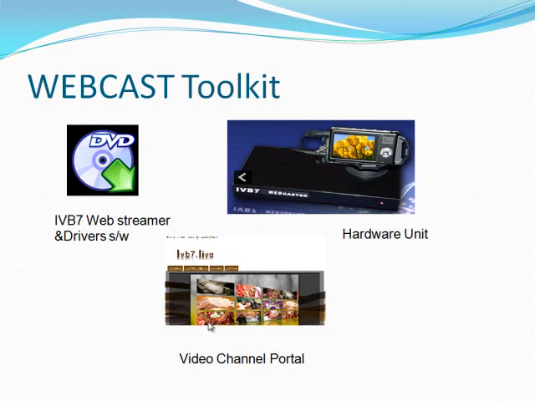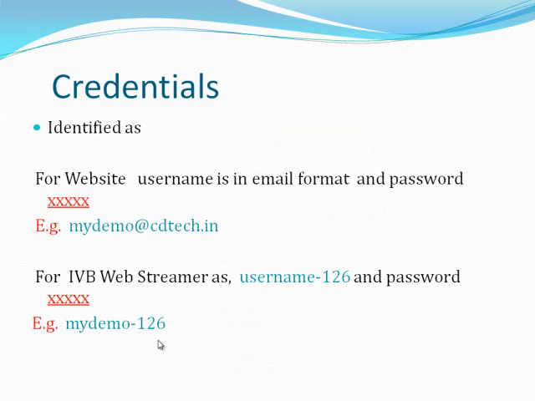Once you have purchased this software, you would have received credentials in your mail. The credentials are identified as follows: for the website, if you have purchased a website, the username and the password. The username will be in the email format, like this.